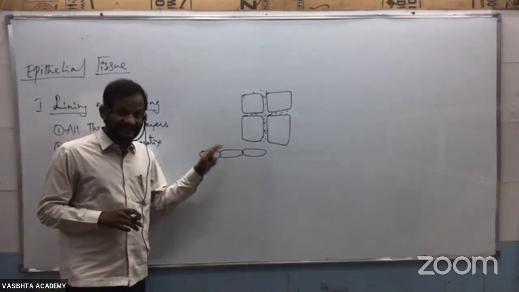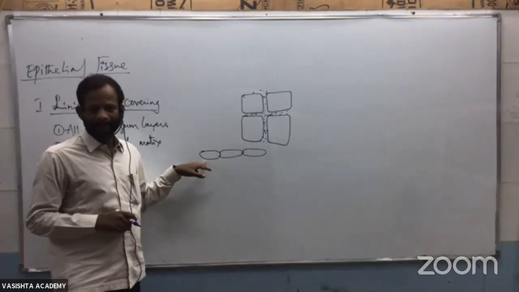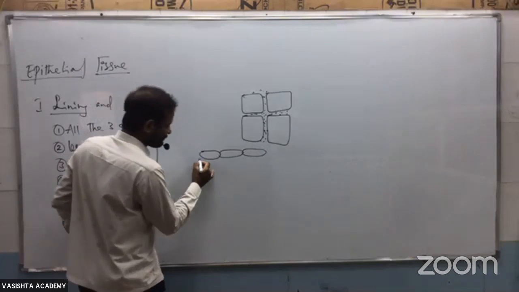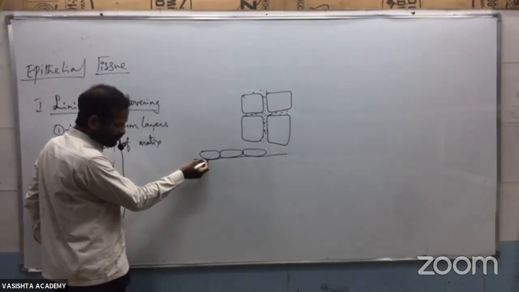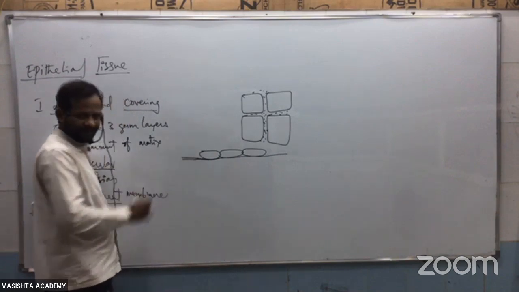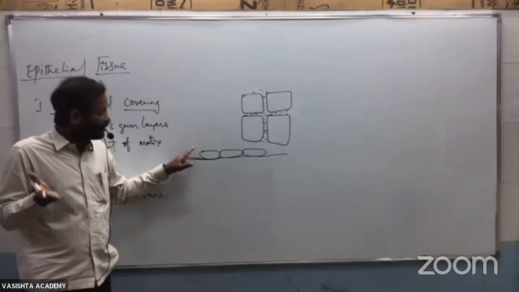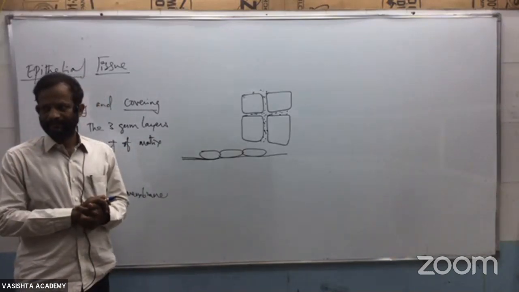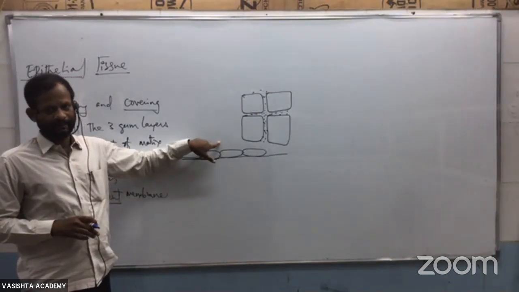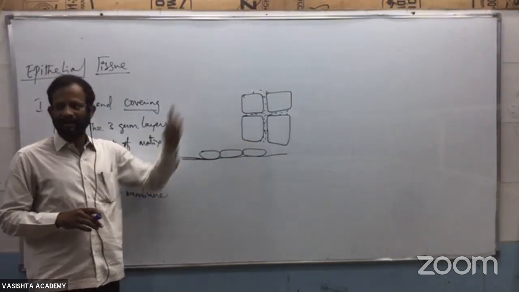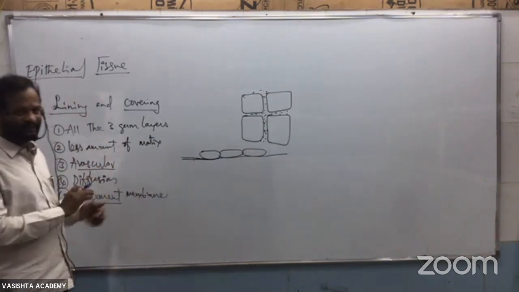So that support is taken by these cells from the basement membrane. So whatever membrane you are seeing here, that is the basement membrane. That membrane becomes the base for all the cells. These cells should not collapse. They must stay like that to protect other organs. This is called the basement membrane.